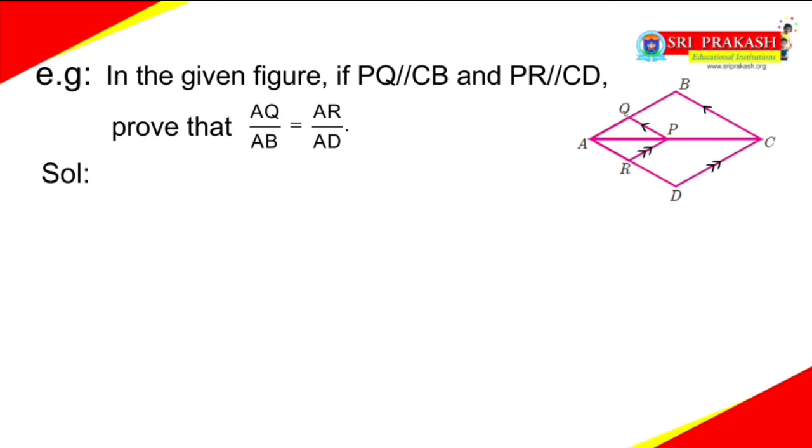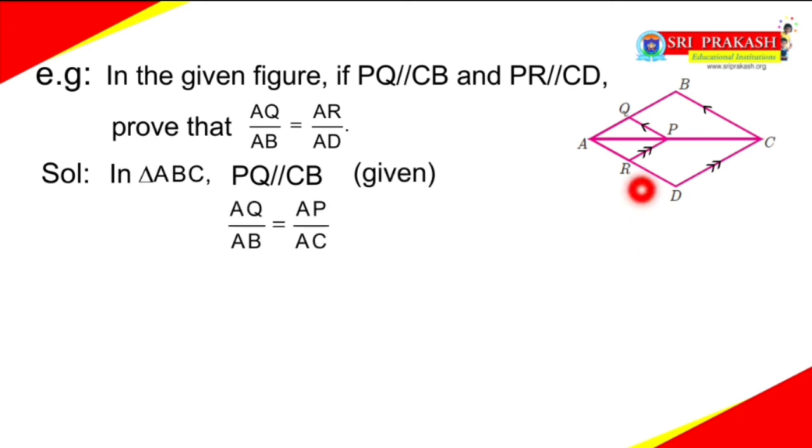Children, in triangle ABC, PQ is parallel to CB, which is given in the problem. We know that AQ by AB is equal to AP by AC by BPT. Now, let us consider it as equation 1.